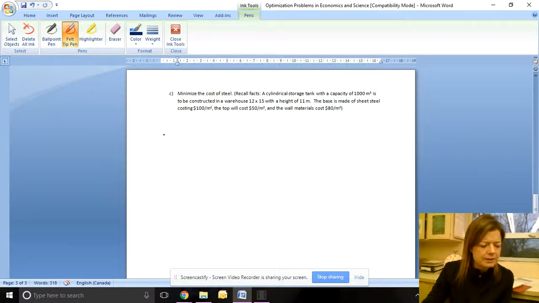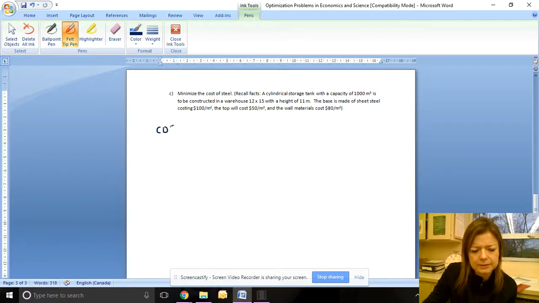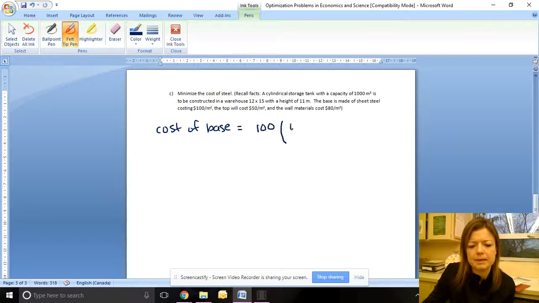Okay, so the cost of the base. So the base is a circle. So it's 100 times the area of the base, so pi r squared, right? And then the cost of the top will be 50 times the area of the top, so 50 pi r squared. I don't actually need those brackets.